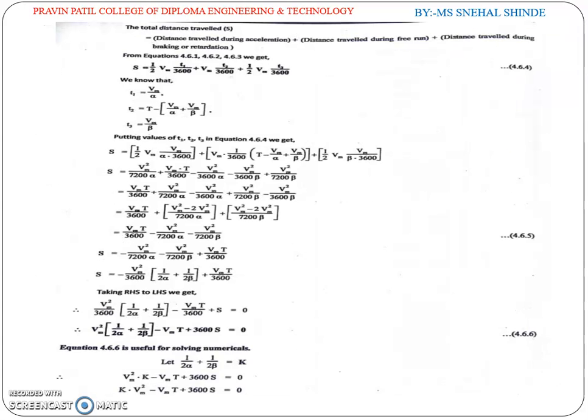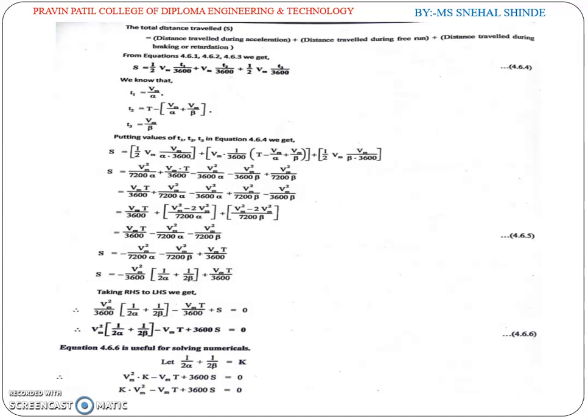The next step is the total distance travelled S. The distance travelled during the acceleration plus the distance travelled during free run plus the distance travelled during the braking or retardation.